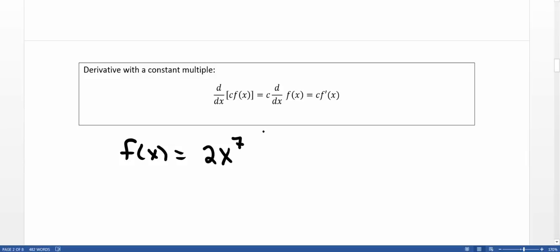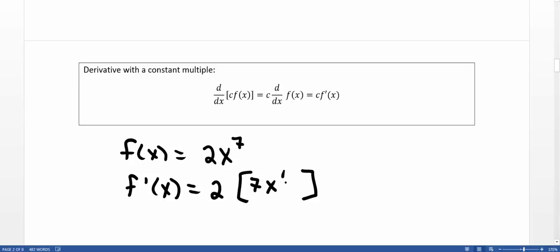So here, the 2 is the constant, and the x to the 7th is going to be our function, which means that when we take the derivative, it's going to be 2 times the derivative of x to the 7th. So our rule says that the 7 will come down in front, and we'll subtract 1 from the power. So the derivative of x to the 7th is 7x to the 6th, but the 2 multiplies that. So I can multiply the 2 and the 7 together, and I get 14x to the 6th.